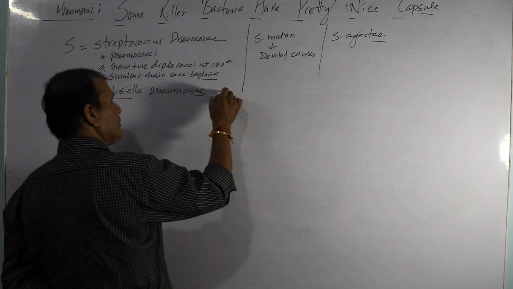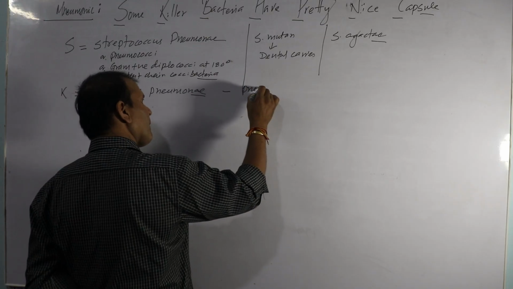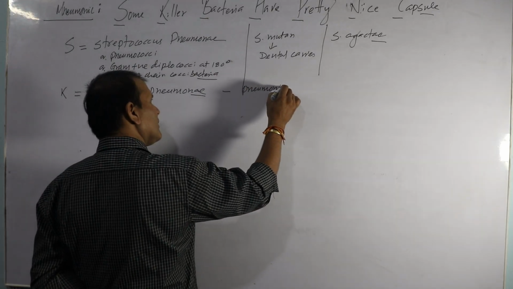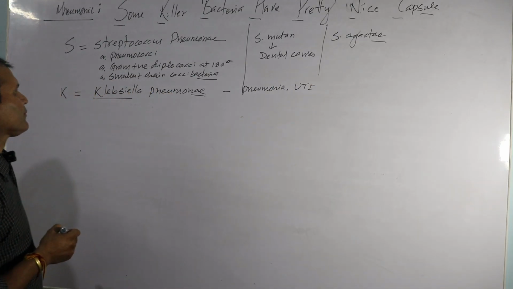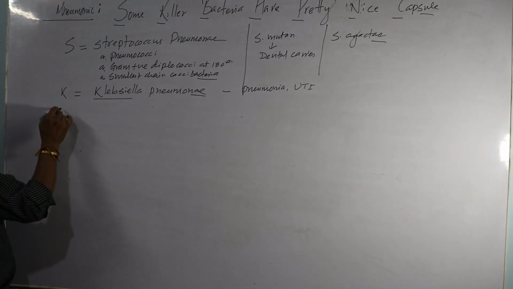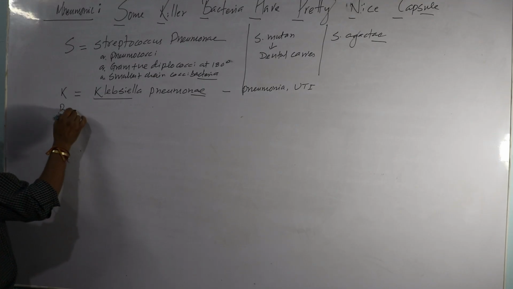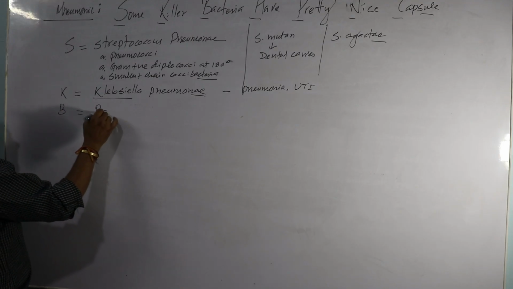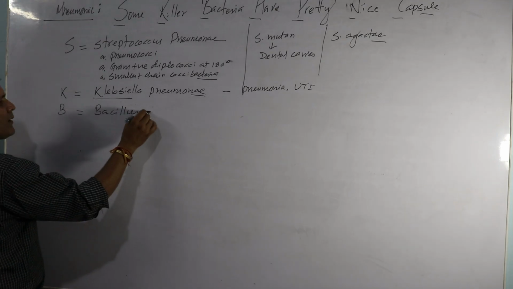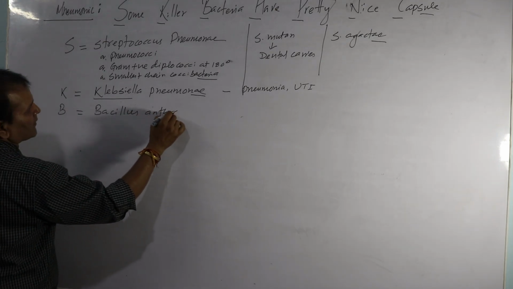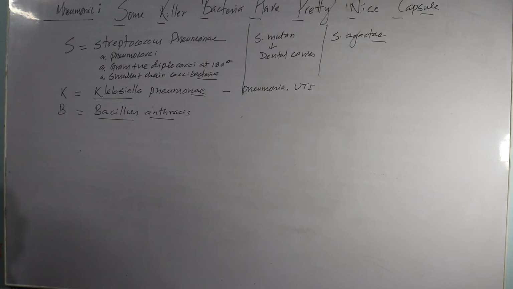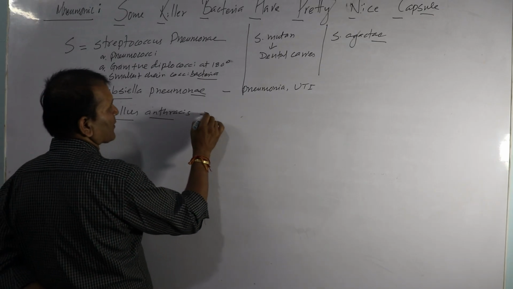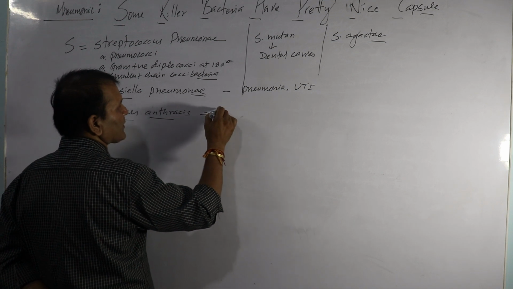It usually causes pneumonia and UTI, urinary tract infection. Third one, B represents Bacillus anthracis. So its capsule is a polypeptide, a polymer of glutamic acid. It causes anthrax.